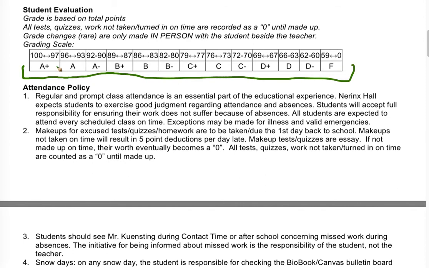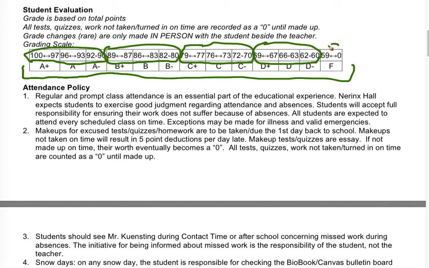So you'll notice 90s basically are A's, 80s are B's, 70s are C's, 60s are D's, and below that's F. In reality, we use 85, 75, 65, 55 as the grading scale.